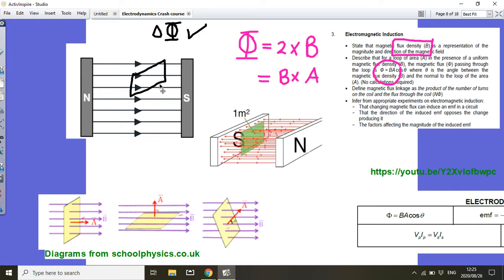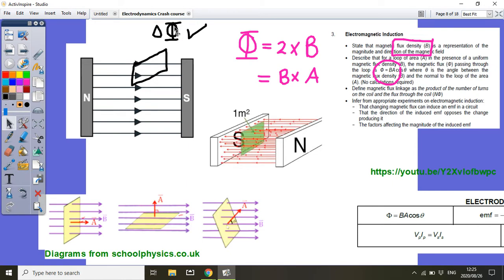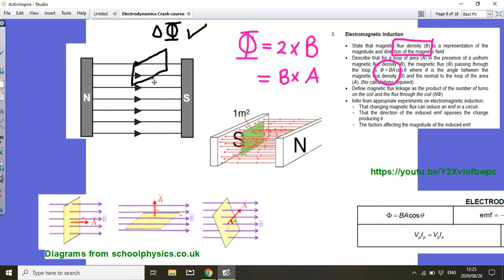Again, once I move there, 1, 2, 3 lines. Only when I start moving out of my coil, it goes from 3 to 2 lines. So is there now a change in magnetic flux? Yes, and this is important for later. So there's a change in magnetic flux as I move.